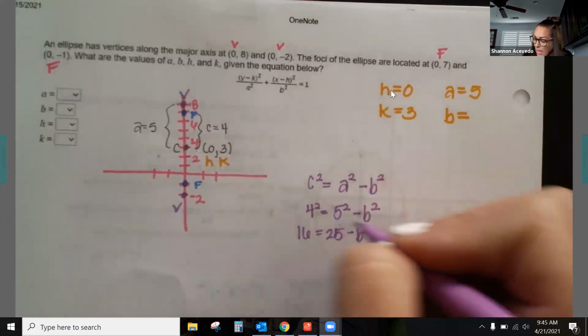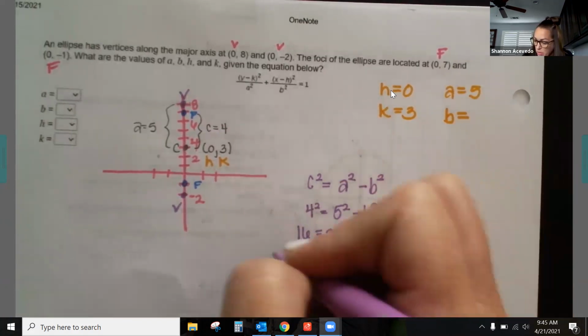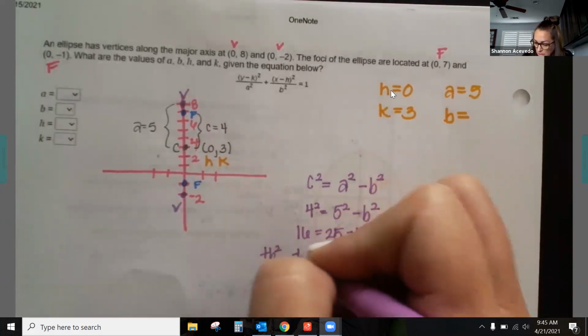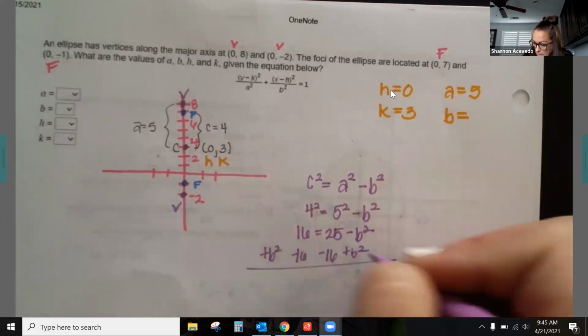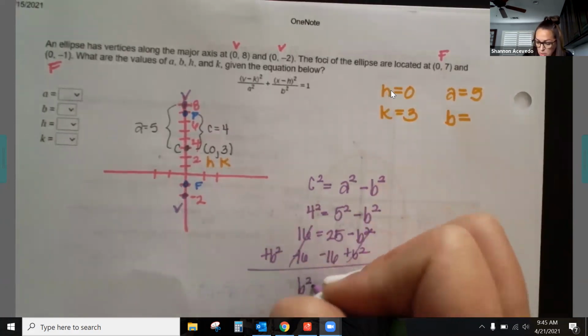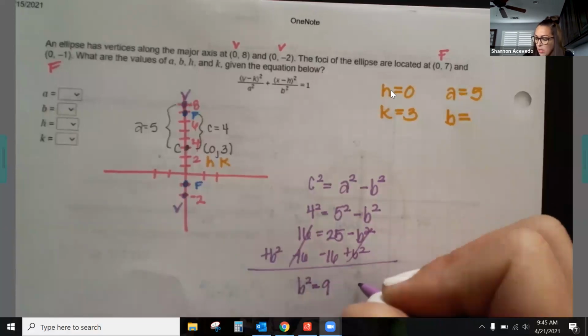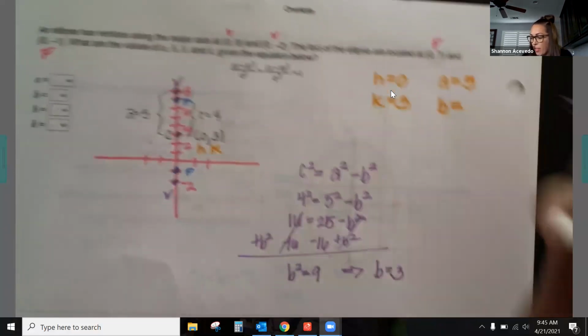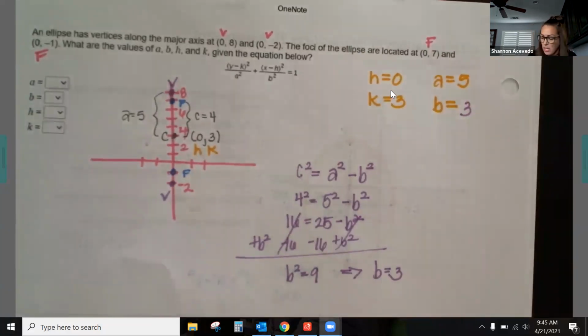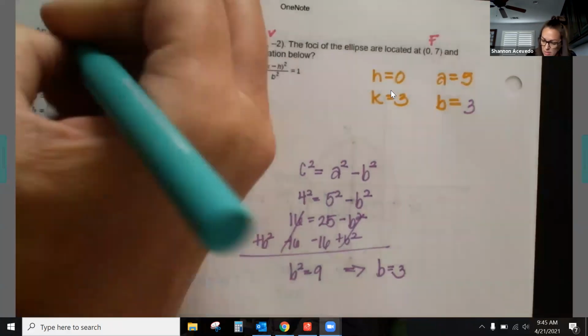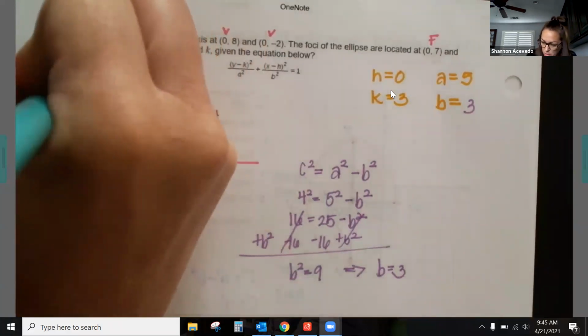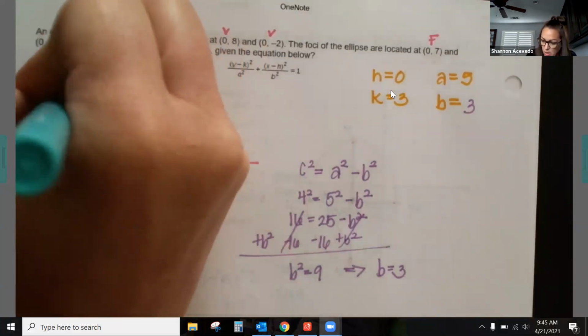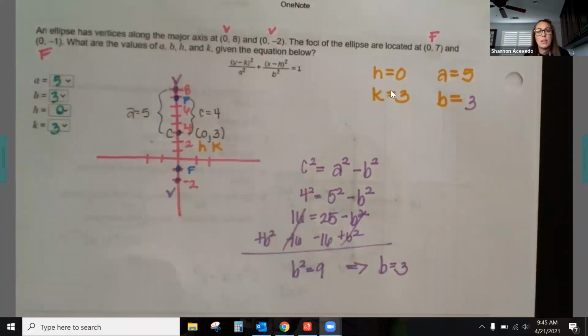I'm going to add B squared to both sides, subtract 16 from both sides, and I end up with B squared equal to 9, which tells me that B is 3. So A is 5, B is 3, H is 0, and K is 3.